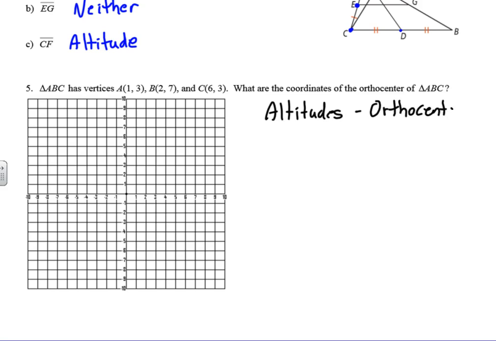In a triangle you have 3 lines, and you need to know where they come together. It's the point where they meet, called concurrency, where the 3 lines come together.